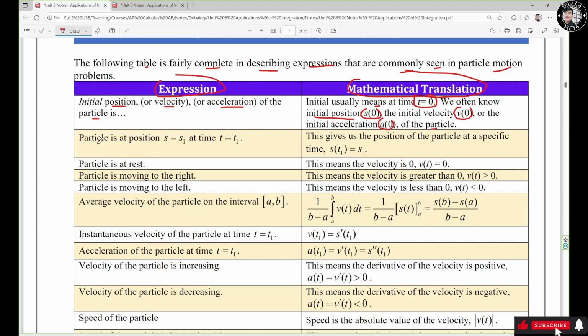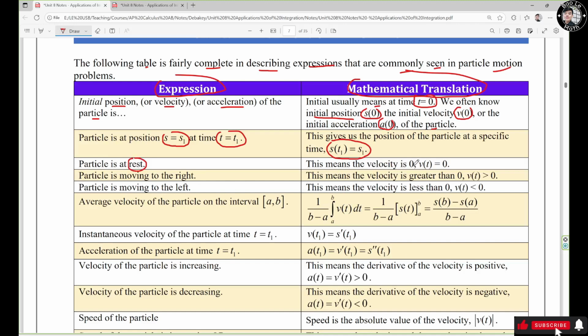Right? Now, particle is at position s equals s1 at time t equals t1. This gives us the position of the particle at a specific time, s of t1 equals s1. Now, particle is at rest. Keep that in mind.